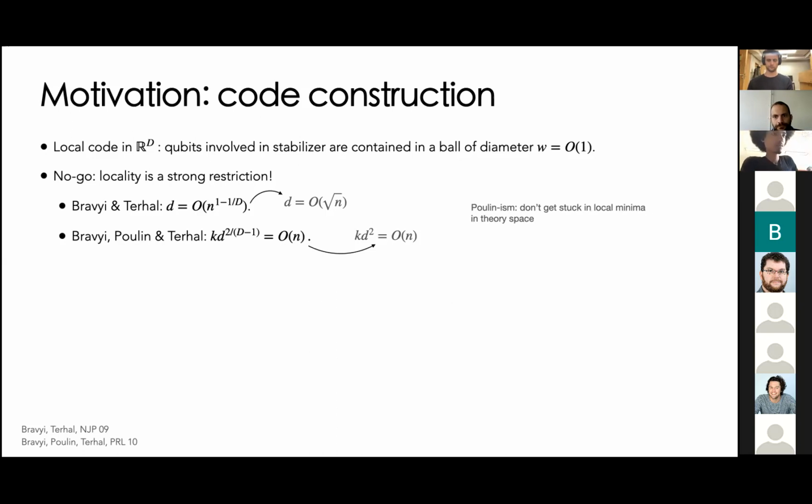This seems to be an appropriate point to repeat a Poulinism. We need to explore the space of all possible codes and understand what they're capable of doing, right? The surface code at this point has been explored a lot over the past 15 to 20 years.